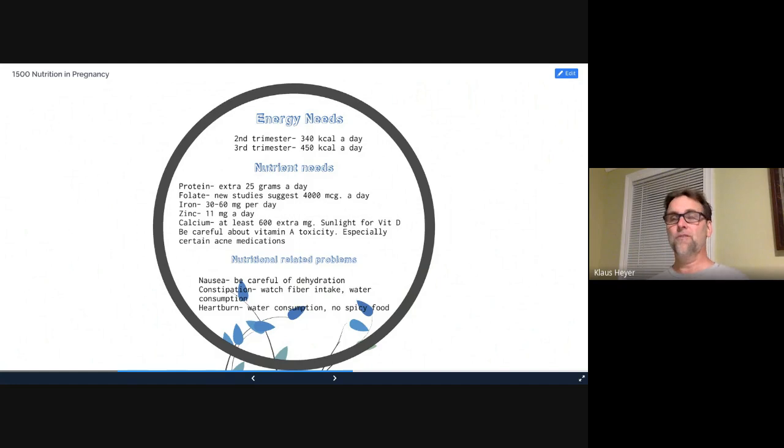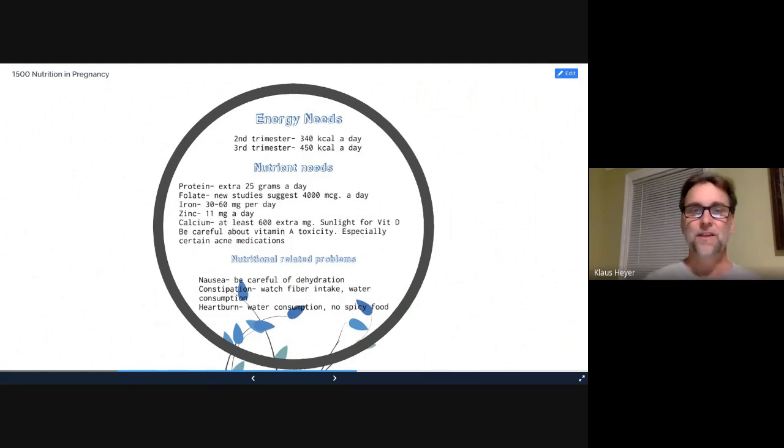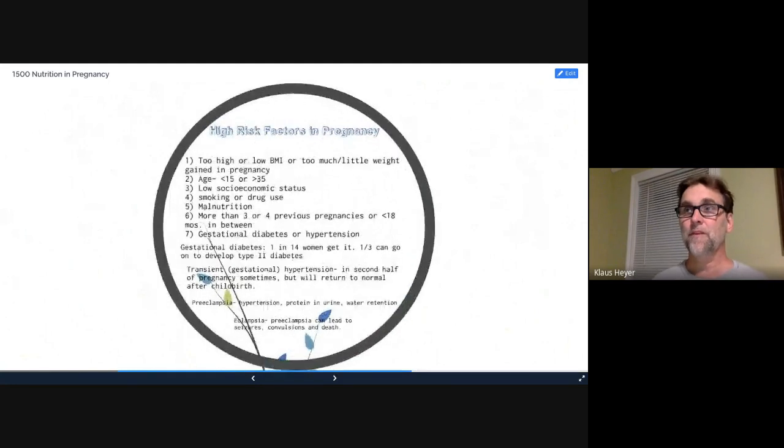Heartburn, increase your fluid intake. I would imagine that it would be horrible advice to get, but remember, there's reasons for that. Antacids can mess with iron absorption, right? So there's reasons that you can't treat these problems the same way as you normally would.